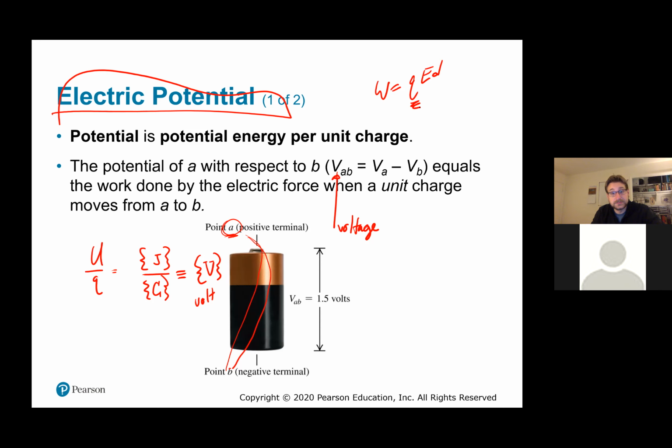If we divide by Q, because we're talking about per unit charge, and work is potential energy, then we're saying that potential energy has something to do with QED, at least in magnitudes. And if we divide by Q on both sides, the electric force when a unit charge, in other words, Q is 1, moves from A to B through the distance D.